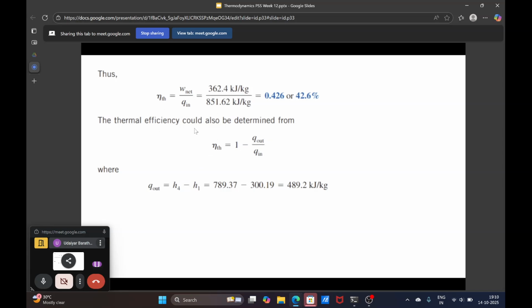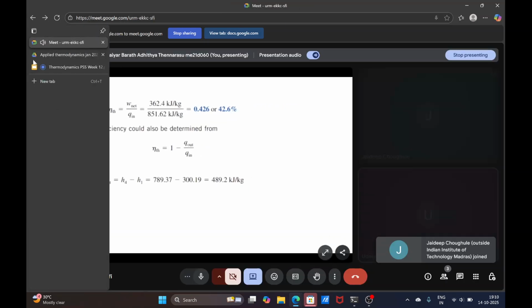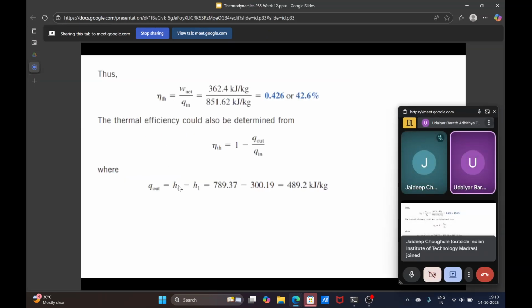Another way of writing thermal efficiency is 1 minus Q out by Qin. Q out is H4 minus H1, 789.37 minus 300.19, which gives you Q out as 489.2 kilojoule per kg. Substituting that will also give you the same thermal efficiency of 42.6%.